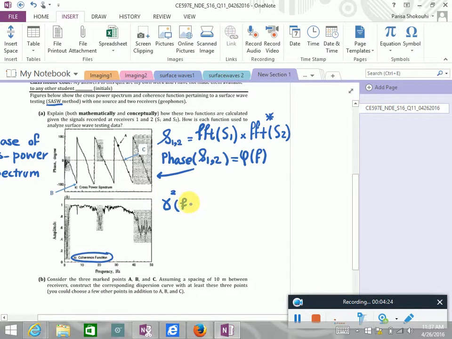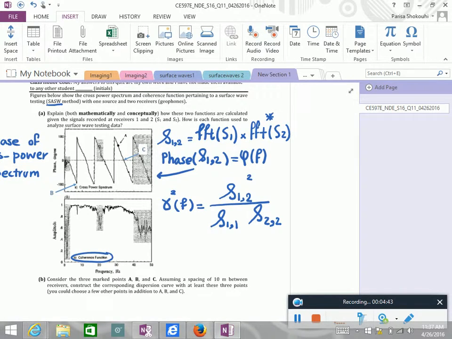So coherence function, we also talked about it last time: you take the cross-power spectrum and you divide it by the product of what we call auto-power spectrum. So we have cross-correlation, autocorrelation, cross-power spectrum, auto-power spectrum.